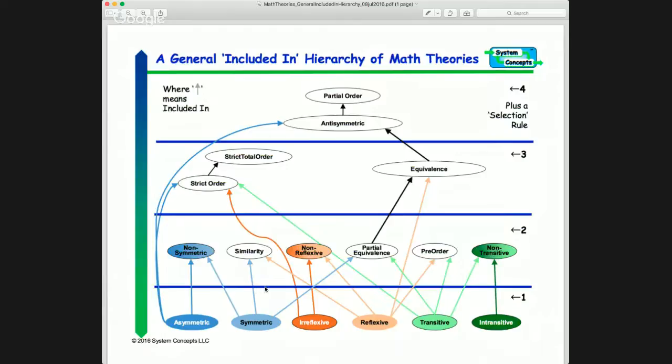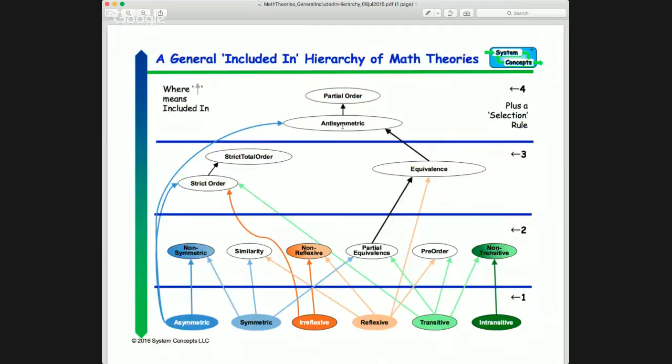The other identification of two inputs we've found in the literature is similarity, which is symmetric and reflexive, partial equivalence, which is symmetric and transitive, and preorder, which is reflexive and transitive. Then we find that the logical groupings that have three fundamental components in them are equivalence, strict order, and strict total order.